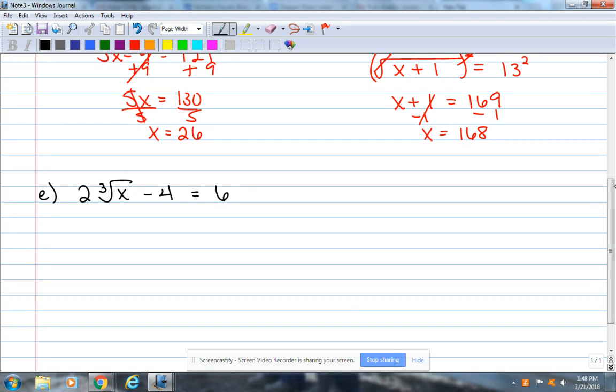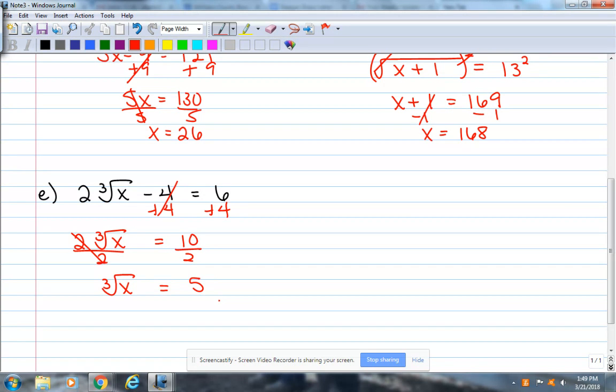So it's kind of like you treat that whole thing as a variable and you move everything away from it. So what's the first thing you think we're going to move? Yeah, we're going to add 4. And what is 6 plus 4? 10. So this is 2 times the cube root of x equals 10. And then we got to get rid of that 2, and it's multiplied, so we divide on both sides. And that is the cube root of x equals, what's 10 divided by 2? 5.